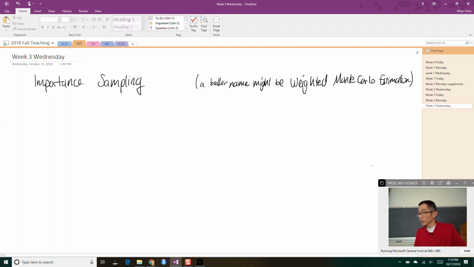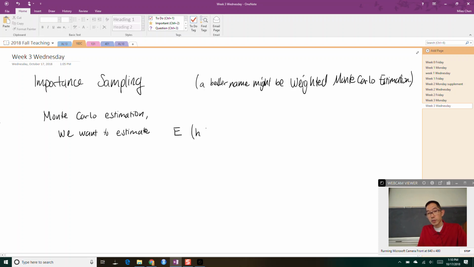Okay, and so for Monte Carlo estimation, what is the quantity that we want to estimate? We want to estimate the expected value of some function h of x applied to a random variable defined by PDF f.